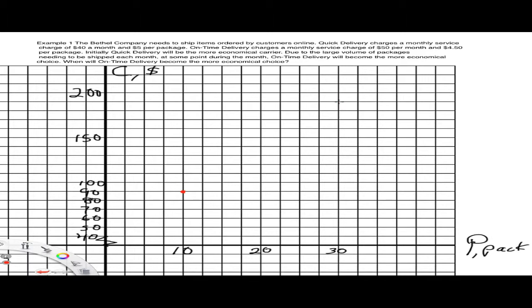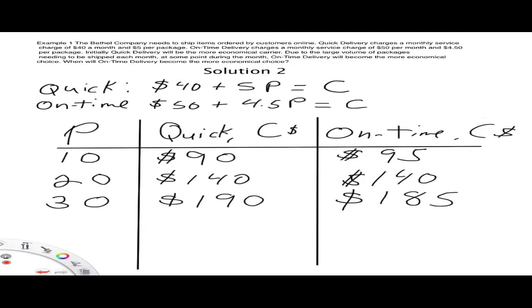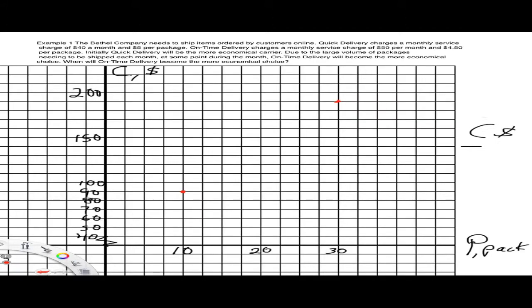And so I've got my points, and I should also cross at 40, right? Because of the initial cost, that's right, isn't it? For quick, yeah, it was $40. So when there are no packages, there's the basic cost of $40. So I should have a point at 40 as well.